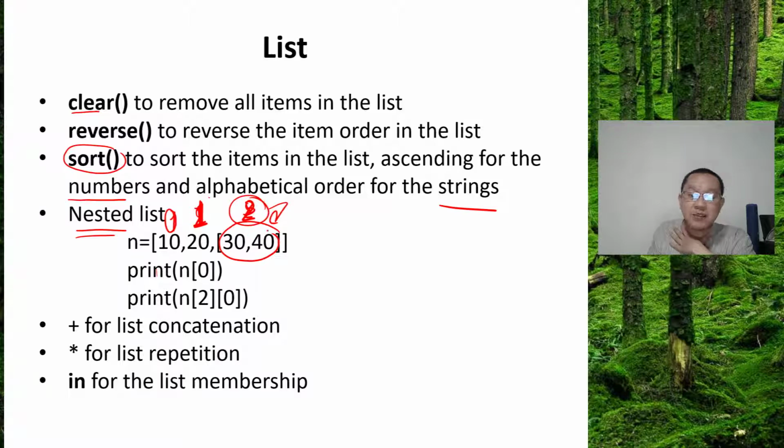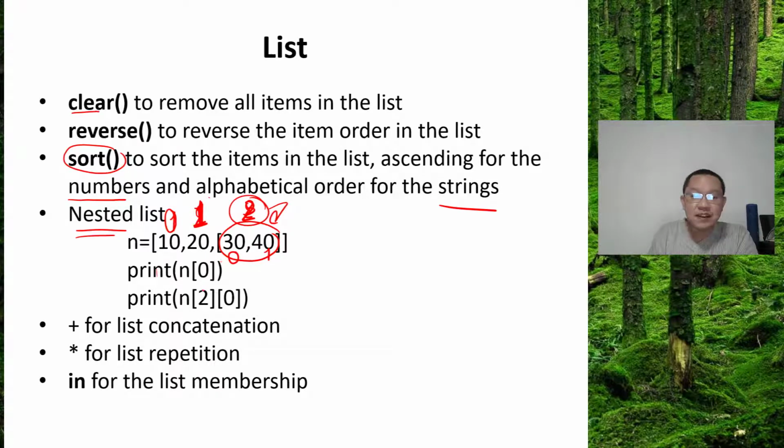So at the second position, it is a list that contains 2 items of position 0 and 1.